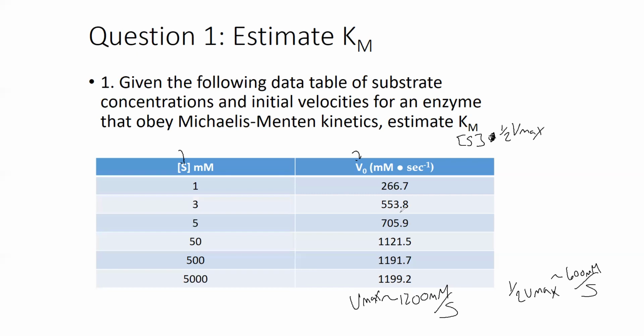And we don't have it, but we can estimate it, right? It's somewhere between here. So roughly, 3.5 millimolar is a decent guess for Km. Anywhere from 3.5 to 4 would be a decent guess for Km based on this data.